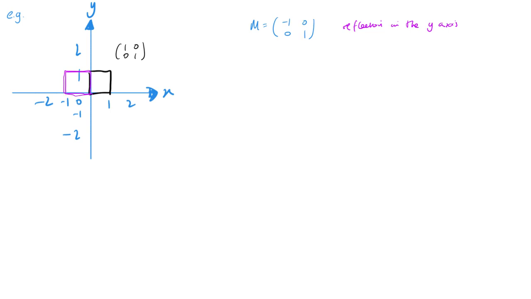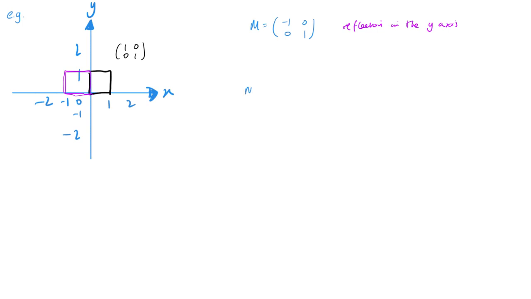This point here goes from (0, 1) to (0, 1), it stays the same. And then this point, which is these two added together, (1, 1), will go to (-1, 1). So this matrix is a reflection in the y-axis.